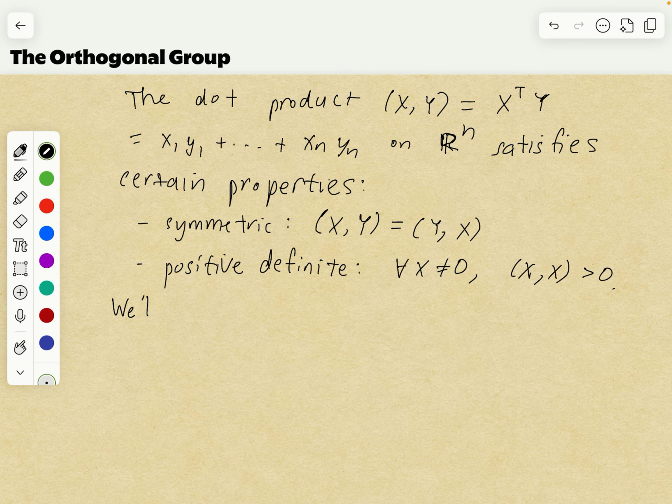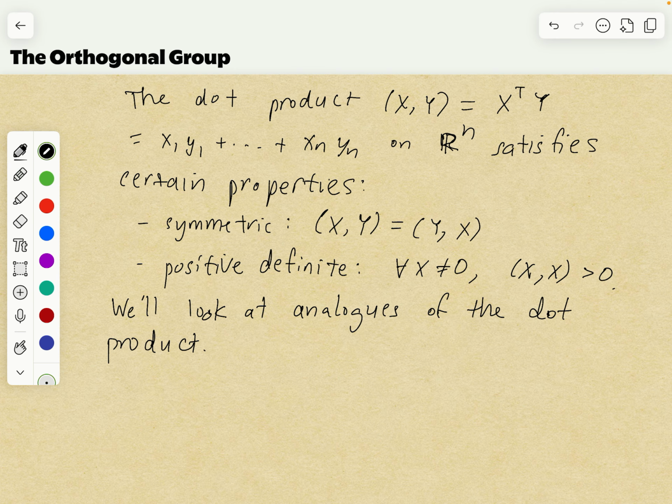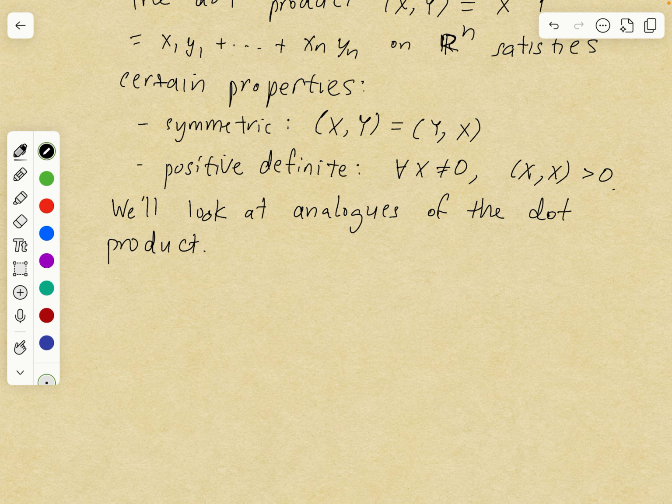And in this video, we'll look at analogs of the dot product. These are the bilinear forms.